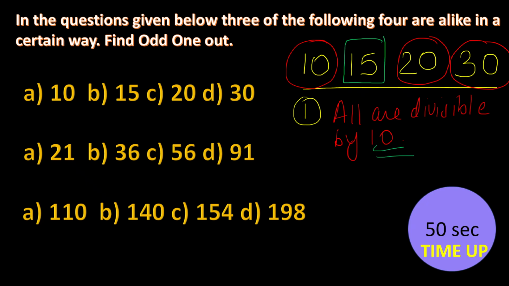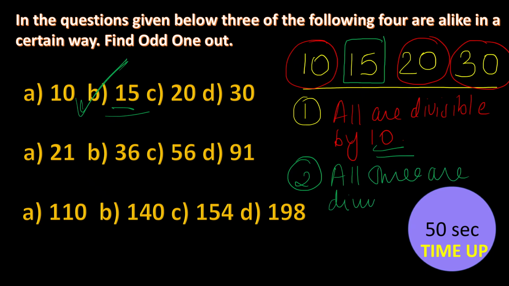So that becomes odd one out. 15 is odd one out. The second logic can be: 10, 20 and 30, all three are divisible by 2. Right? 15 will not be divisible by 2. So that will be odd one out. So both the logics are correct.